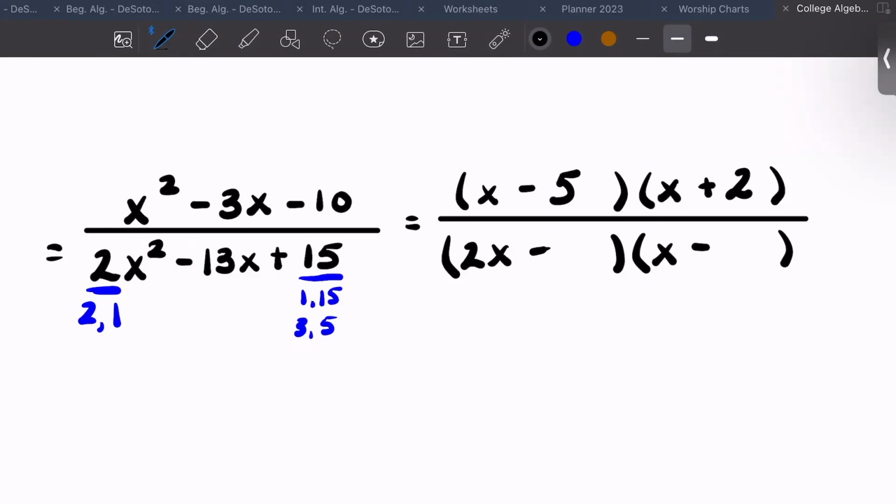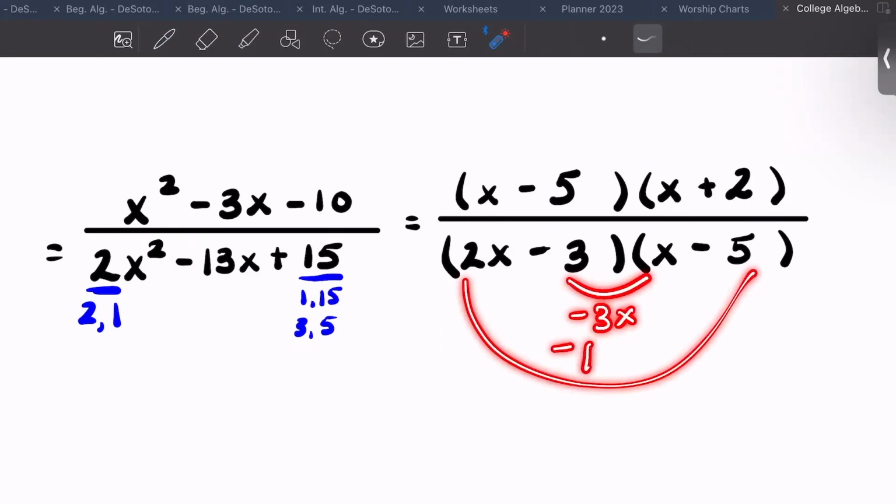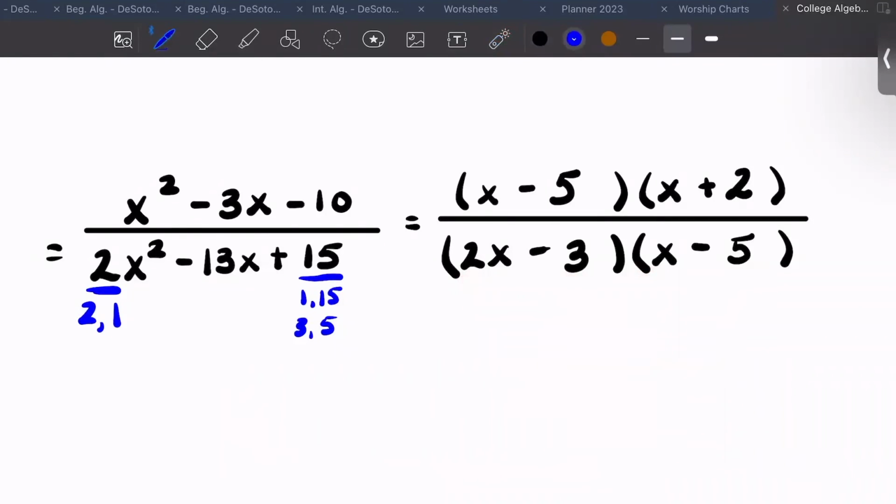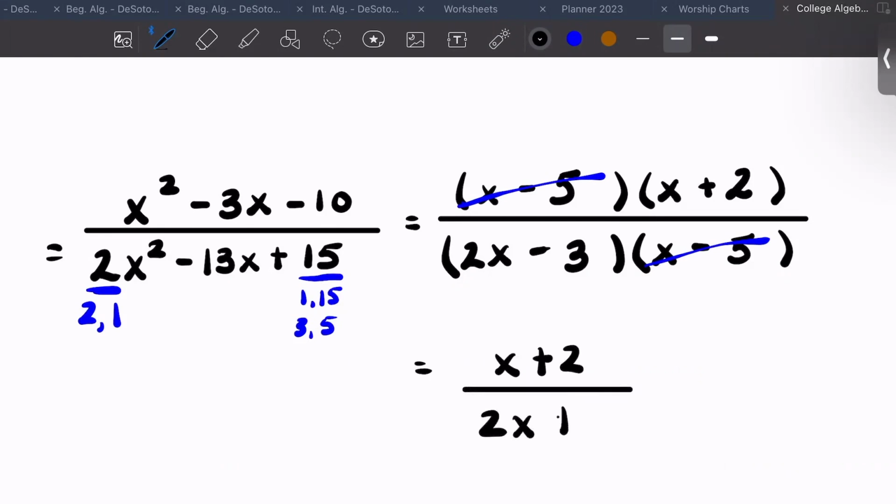If we put our 3 here and our 5 here, that gives us negative 3x minus 10x, which is negative 13x, which is exactly what we wanted, right? Now we can cross out. So we have x minus 5 and x minus 5, and we are left with x plus 2 over 2x plus 3. And we're done.